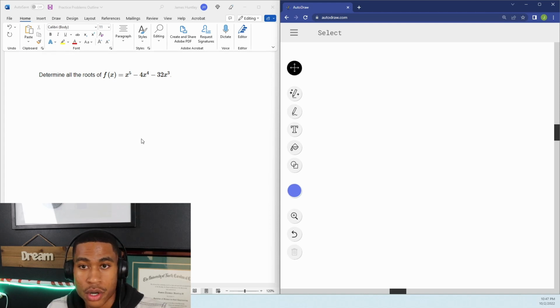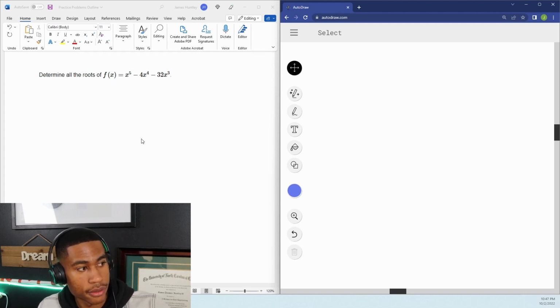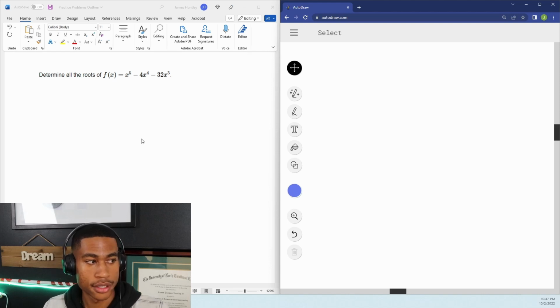Roots are pretty much values where you don't have a y value, or your y value is equal to 0, right? So this problem says determine all roots of f of x is equal to x to the 5th minus 4x to the 4th minus 32x to the 3rd.